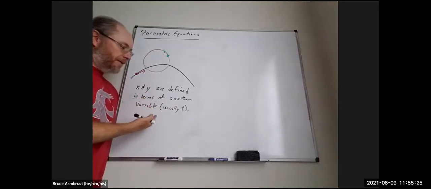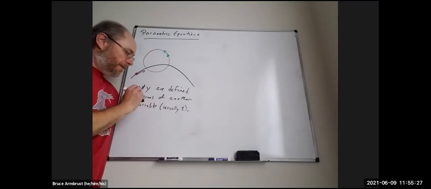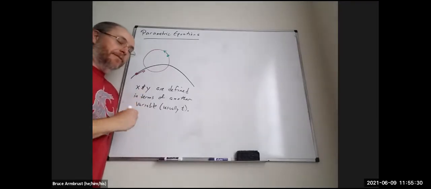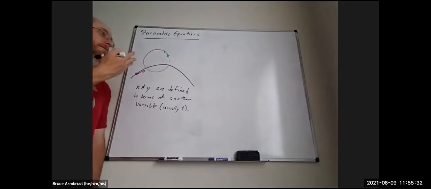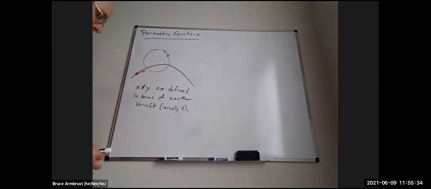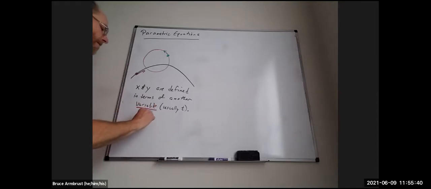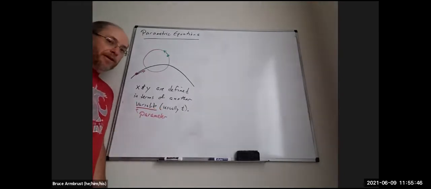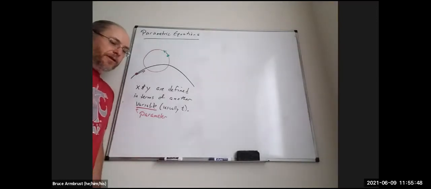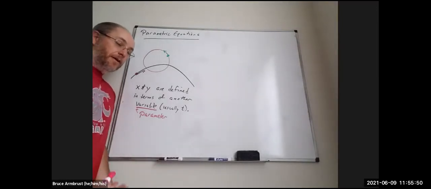If we've got some other variable, we're going to define x and y in terms of it. That's what we call a parametric equation. So the name of this other variable, we call a parameter. Hence the name parametric equations. All right, so these are equations that are in terms of a parameter.